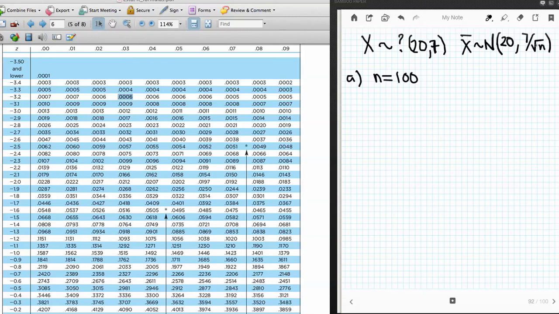In this case, square root of 100 being 10, so 7/10 would be our standard error. Each of whom has 10 minutes of unplanned shopping time. That's the status for how we got the x's in the first place.